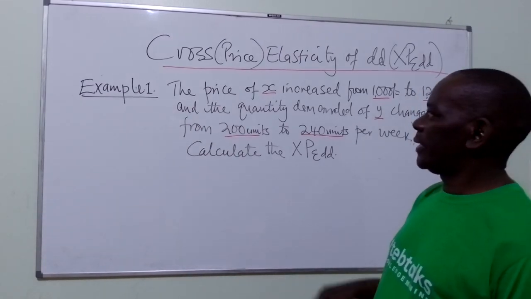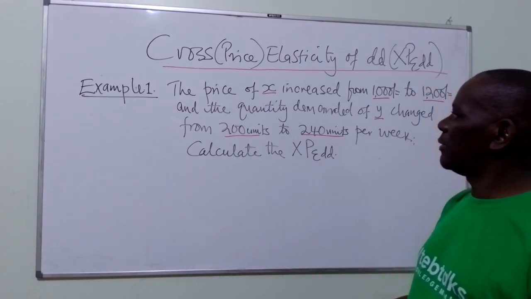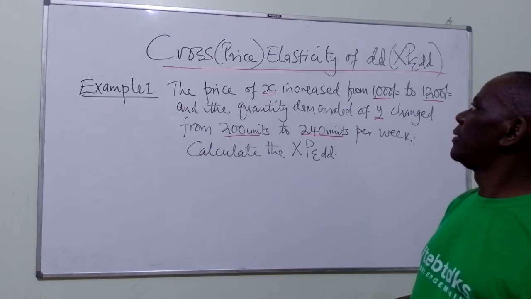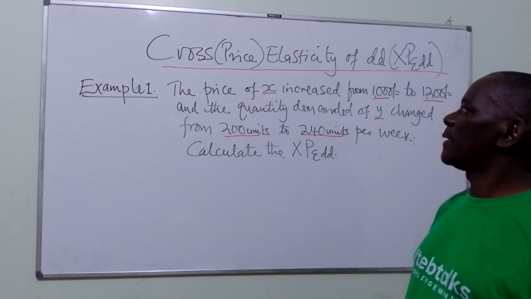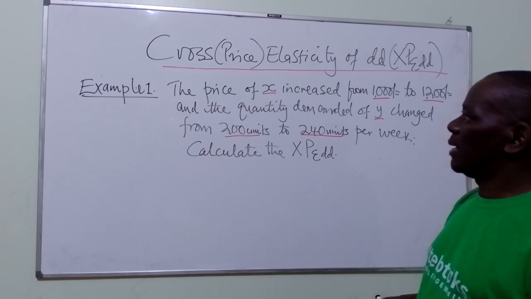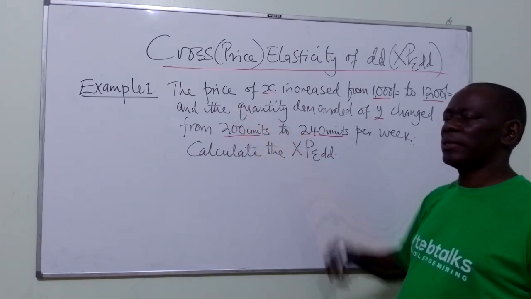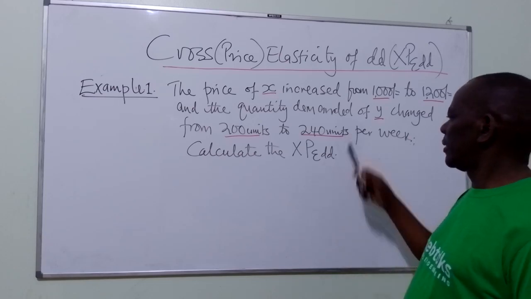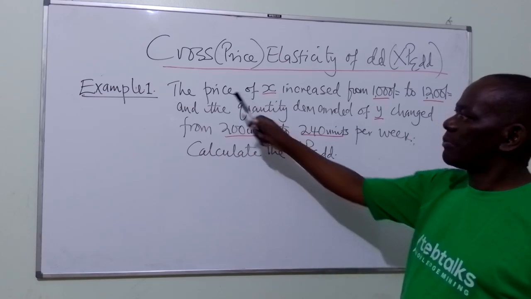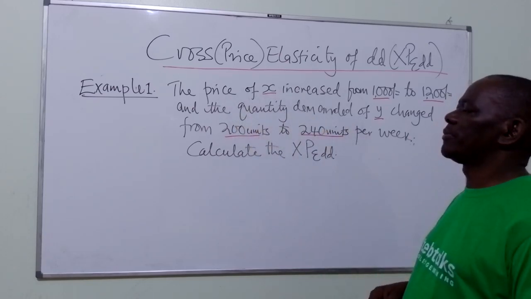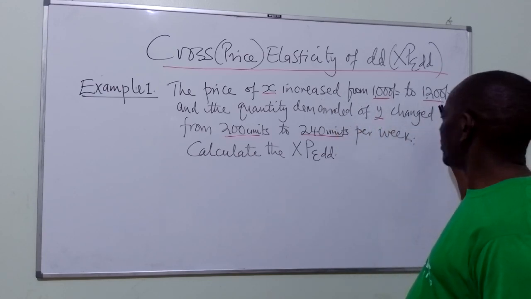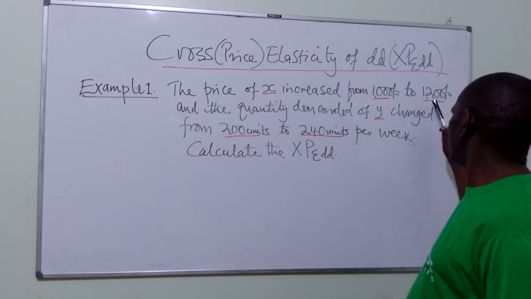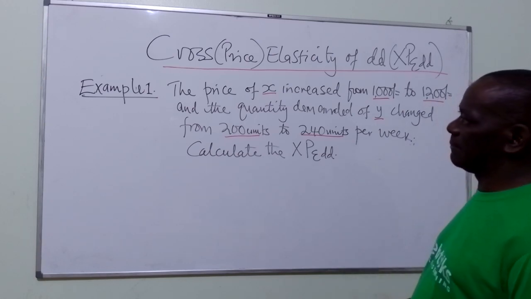Yes, we are looking at the example of cross price elasticity of demand, or cross elasticity of demand. As you can see, our statement here says the price of X increased from 1,000 to 1,200.